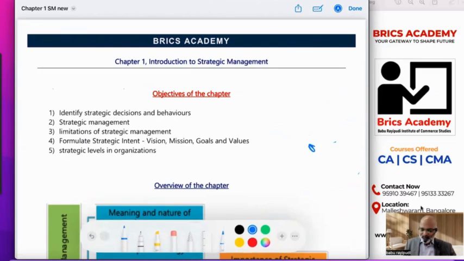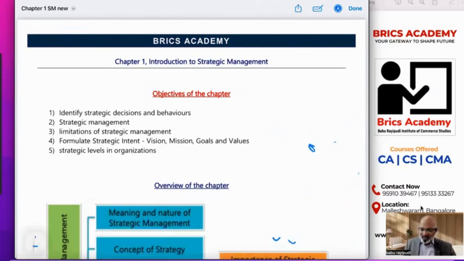First one is identifying strategic decisions and behaviors. Second, what is strategic management? Third, what are the limitations of strategic management? Fourth, we're going to study strategic intent, strategic mission, strategic objectives, etc. Then next, we're going to study strategic levels in the organization.